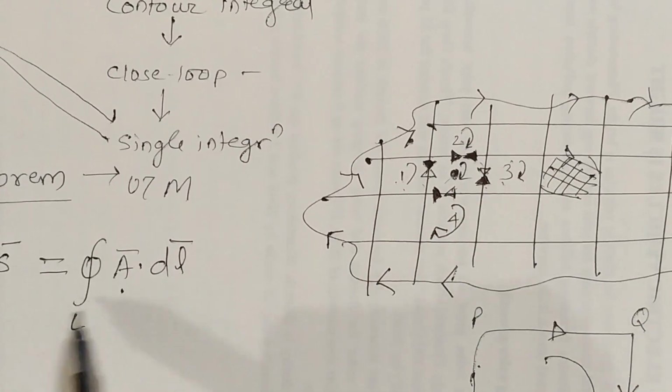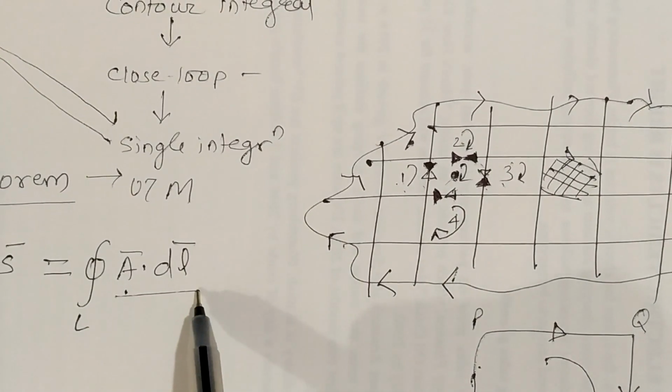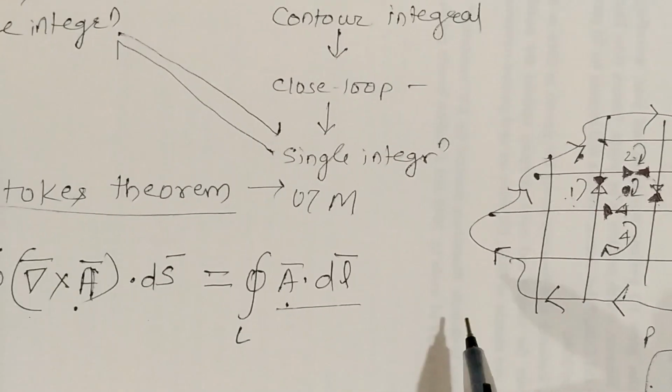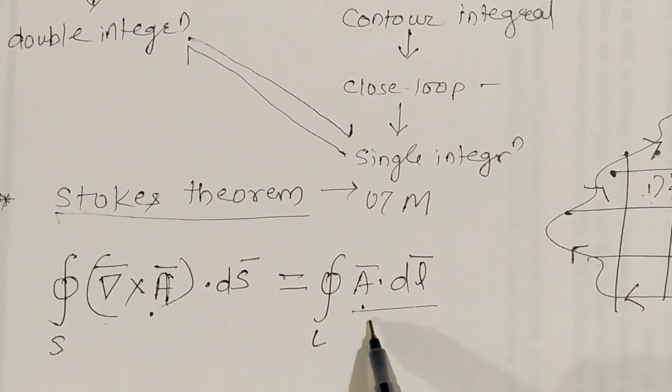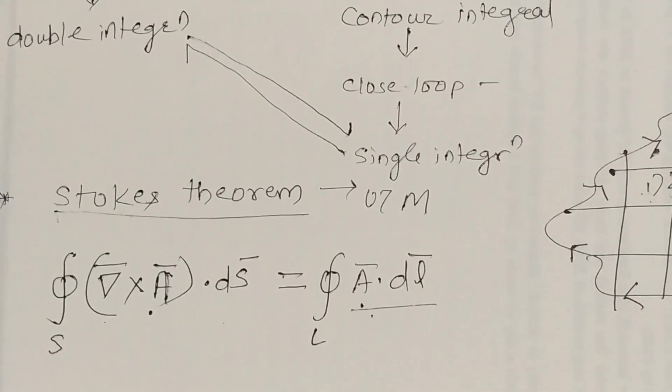That is, at last we get this line integral. Initially we start our discussion from this surface integral, but last will be the line integral. So this is your Stokes theorem. I hope you understand the meaning of the Stokes theorem.